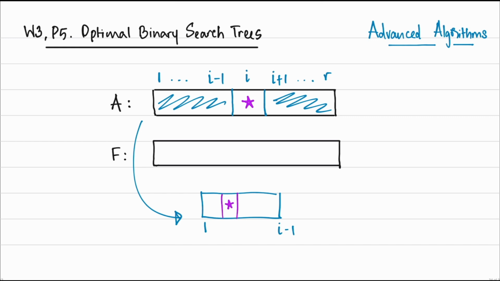You will say, okay, suppose this was rooted here at, let's say, some index j, then once again we need to understand what's going on for the subarray which begins at 1 and ends at j minus 1, and the subarray which starts at j plus 1 and ends at i minus 1. So our subproblems are basically turning out to be subarrays of the original array, if you try to break it down in this particular way.